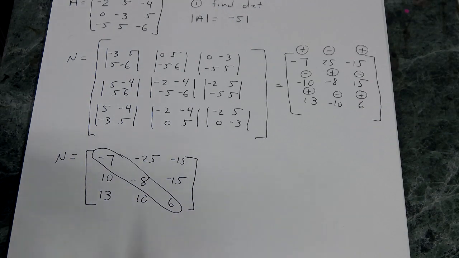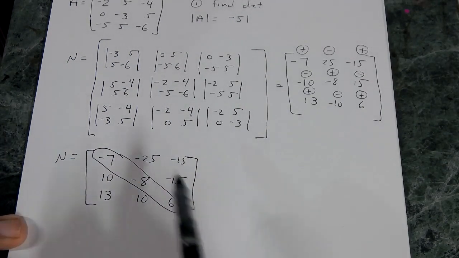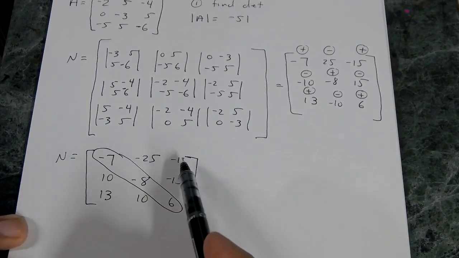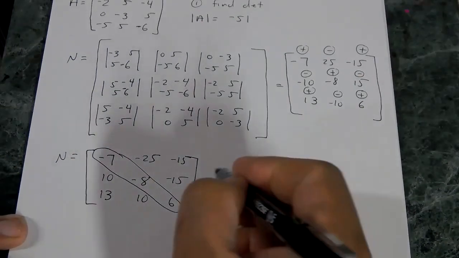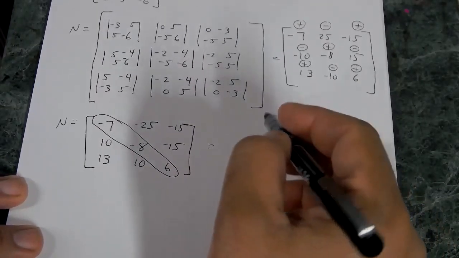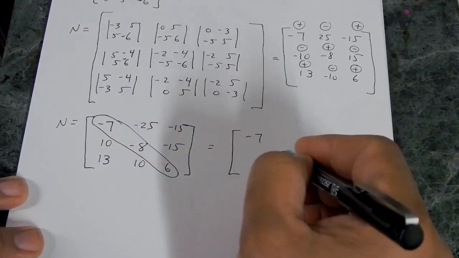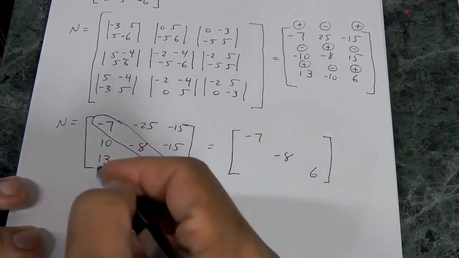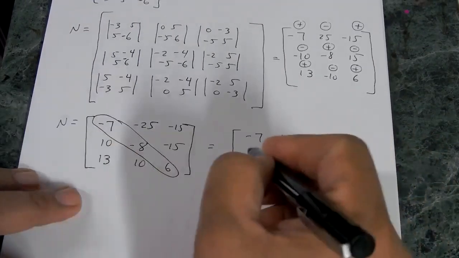Because what we are going to do now, to find the inverse, is reflect these numbers along this main diagonal, meaning that these two will swap, these two will swap, these two will swap. So here's my main diagonal, and if I swap, then this becomes the 10 over here and the negative 25.